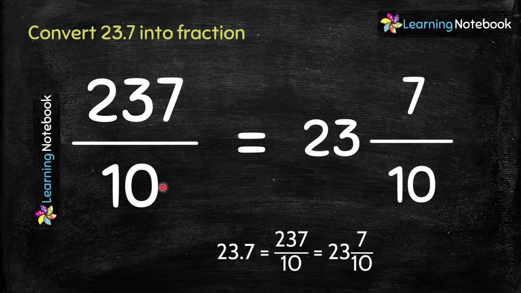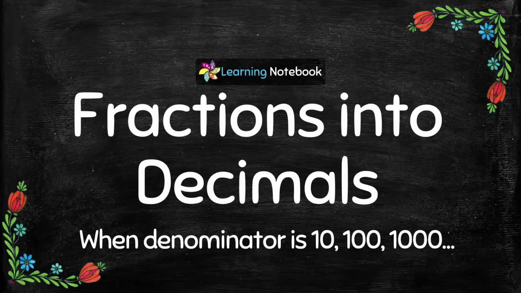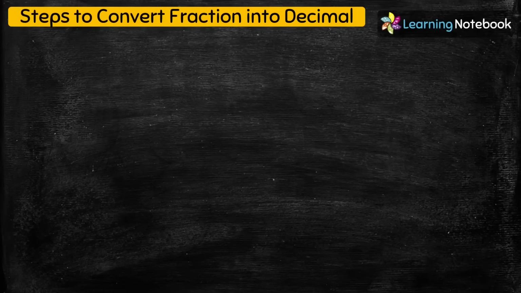Now our next topic is how to convert fractions into decimals when the given denominator is 10, 100 or 1000. Again students, we have to follow some steps to convert a fraction into a decimal. So let's take an example and understand these steps side by side.